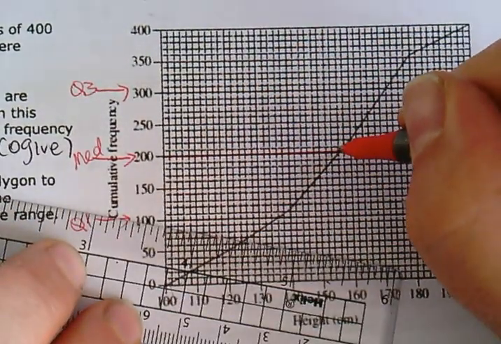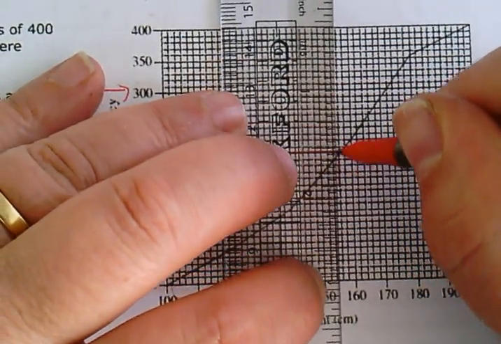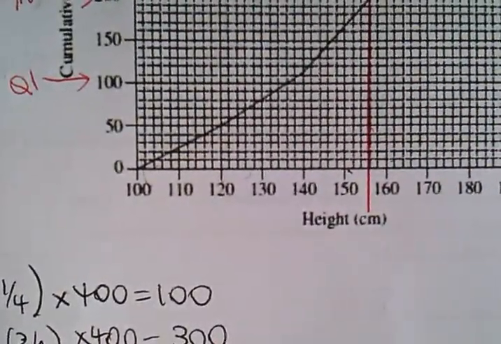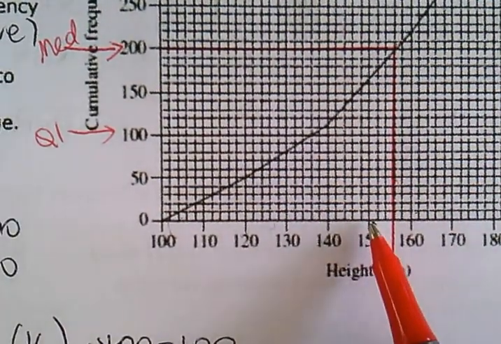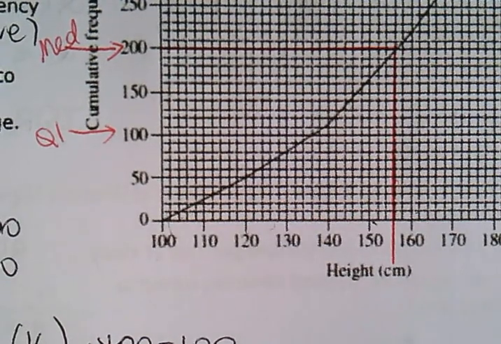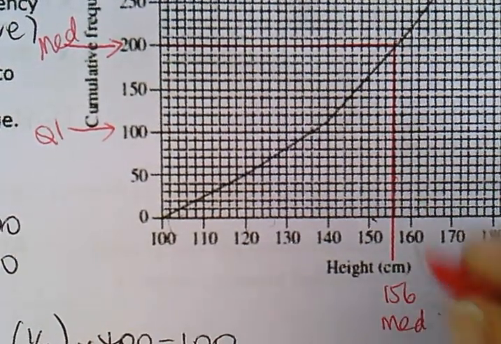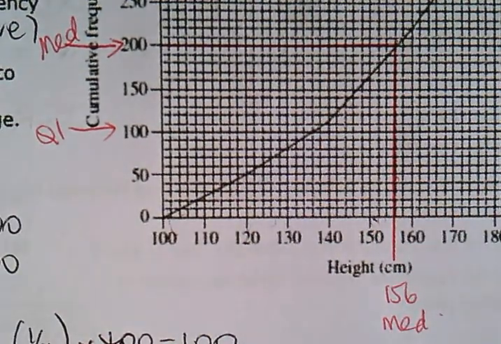So come across to the line and read down, or draw down. I'm going to actually go through so you can see it a bit better. Let's go. Where is it? 150 what? Can you see it clearly? What's this scale going up by? Goes up by 2s. So what is the median? 156, because we go 152, 54, 56, 58, 60, yep.